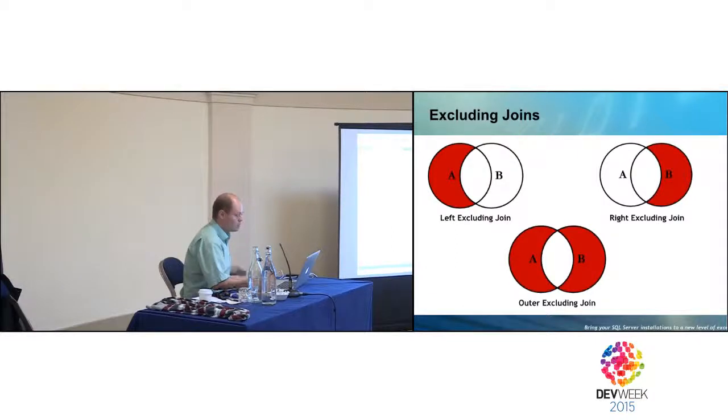You can also make excluding joins. In that case, we are just interested in the null extended rows from the right table, a so-called left excluding join.